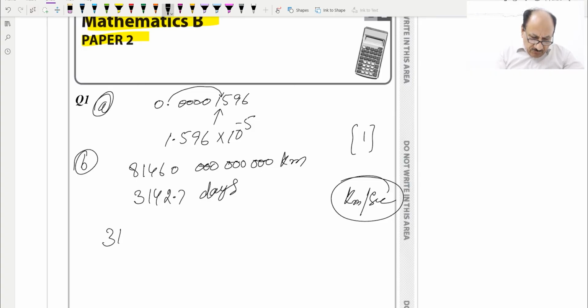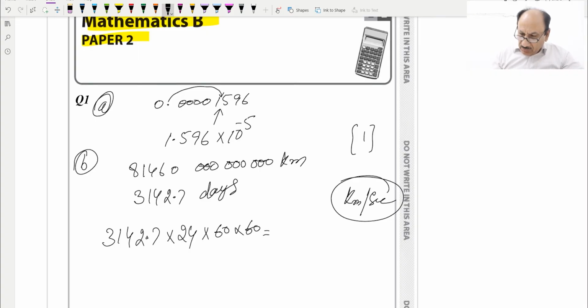3142.7 multiplied by 24, because there are 24 hours in one day, and multiplied by 60 will be minutes, and multiplied by 60 will be seconds.